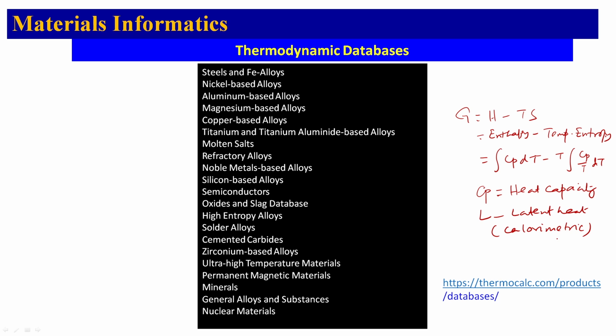I have just listed a few, but the actual Thermo-Calc products will provide you many databases: steel and iron databases, nickel alloys, aluminum, magnesium, copper based alloys, titanium, molten salt, refractory alloys, noble metals like platinum, palladium, gold, silver, silicon based alloys, semiconductors, oxides, slags, high entropy alloys, solder alloys, cemented carbides, zirconium alloys, high temperature materials, ultra high temperature materials, permanent magnets, minerals, general alloys and substances, nuclear materials. To list a few, there are many more actually. So, these databases are available, you can buy them actually.